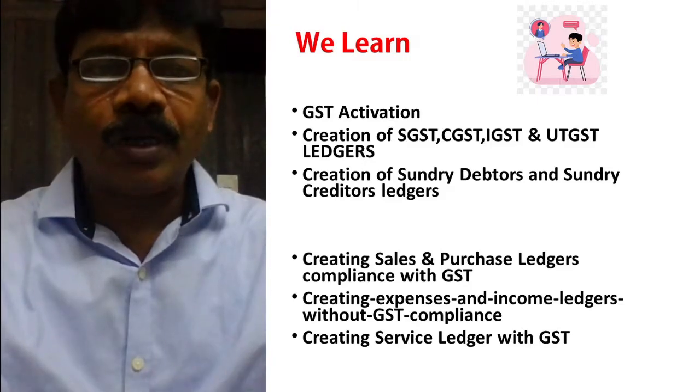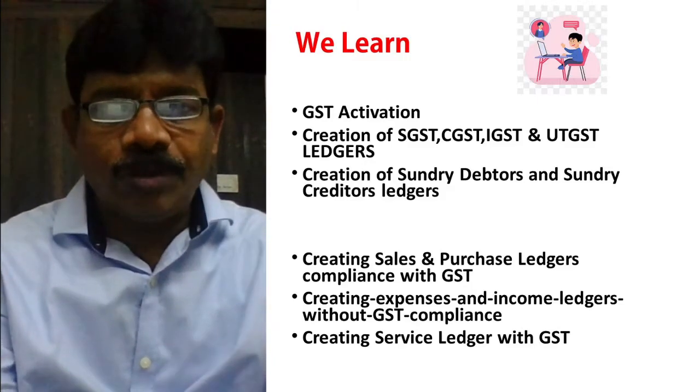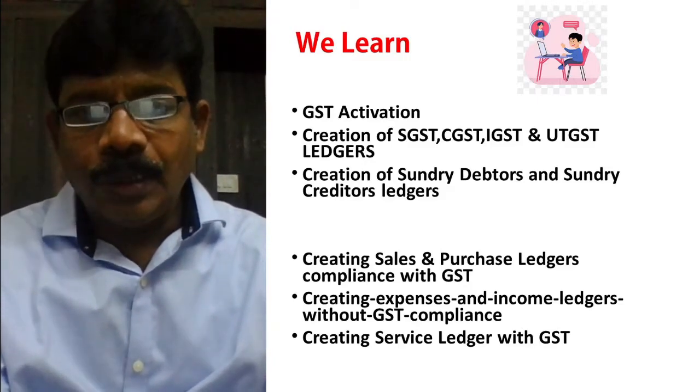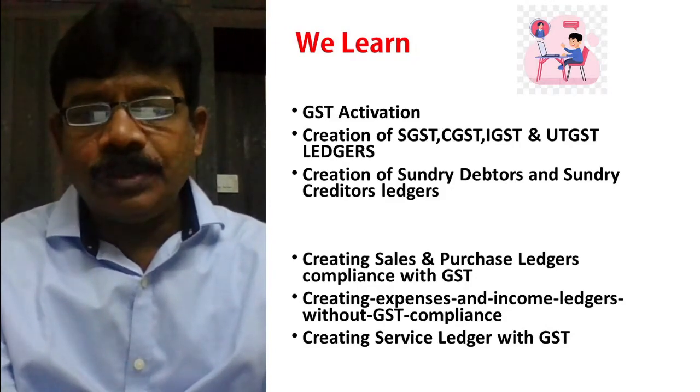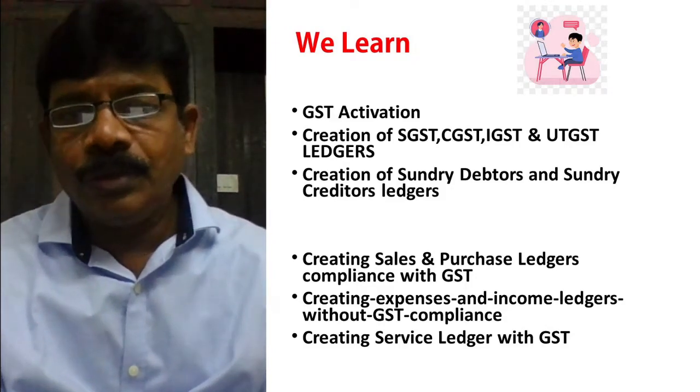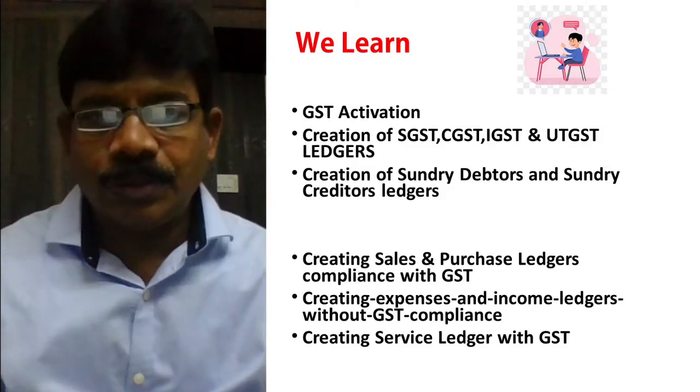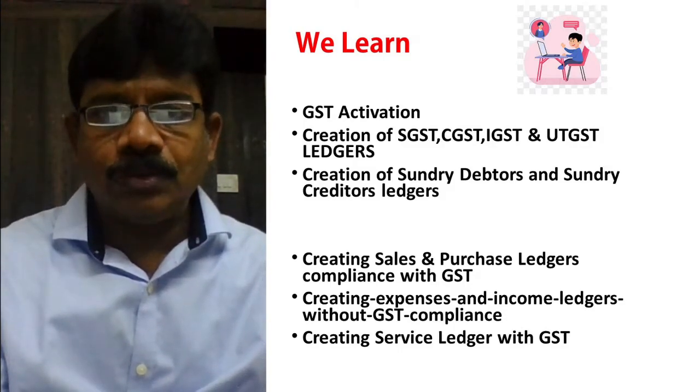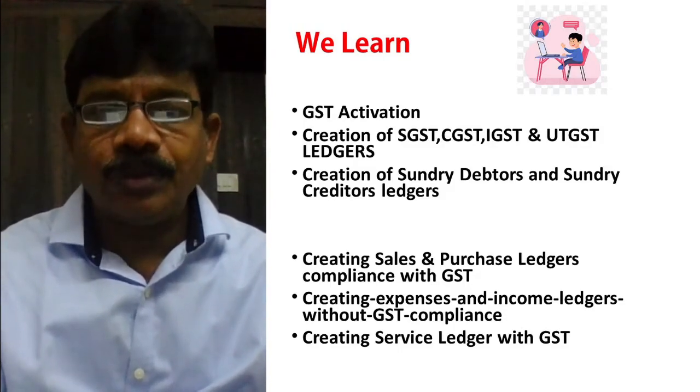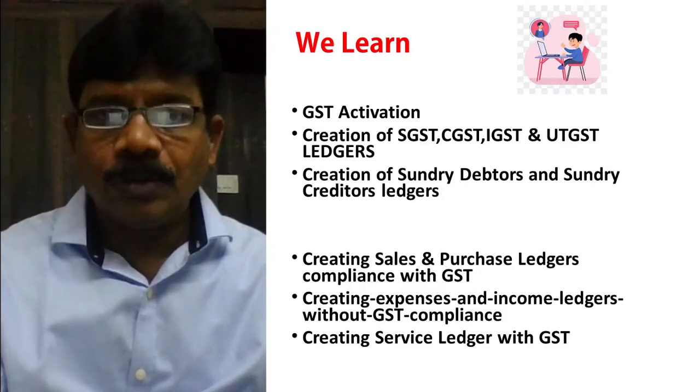Income ledger we did not create, but we can create the same way. Another one is a service ledger, that is audit fee, we created. Students, just look at the PPT which we learned earlier.